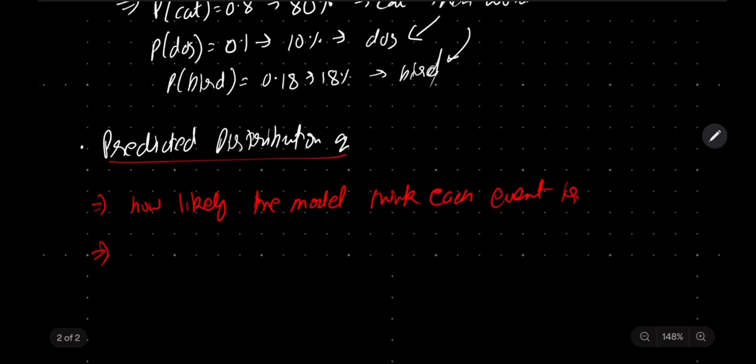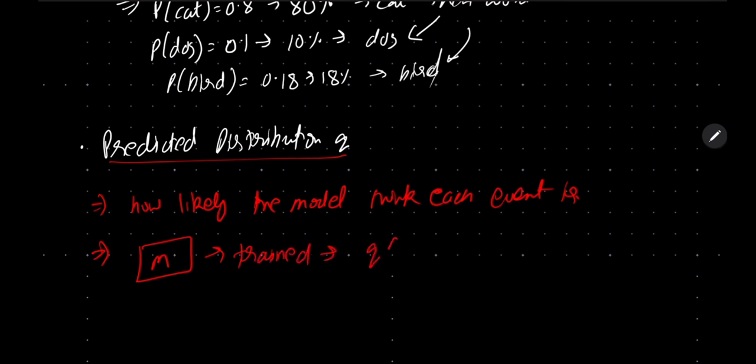Now after training, let's say you have trained a model. Let's say this is a model M. Post that, Q of cat is 0.5 and Q of dog is 0.3. So what does this mean?